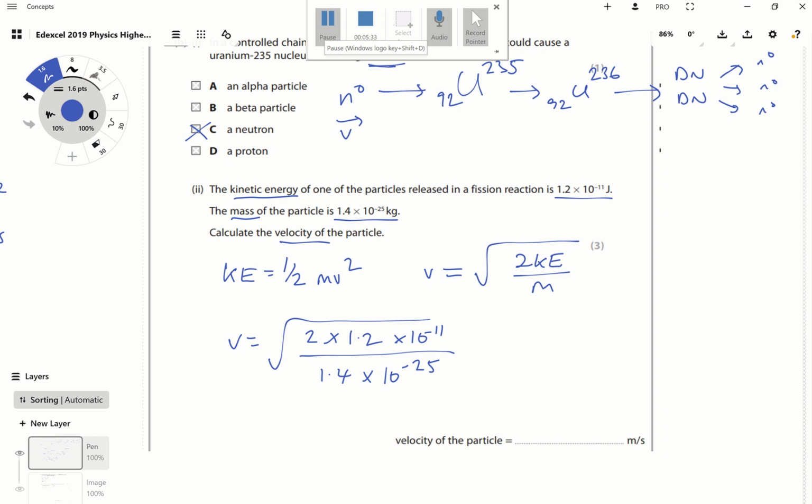Put that into a calculator, and in fact, I'll just look at the mark scheme. There we go. Equals 1.3 times 10 to the 7, and that's just gone to the right number of significant figures there.